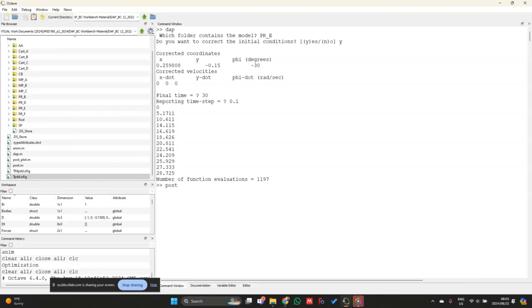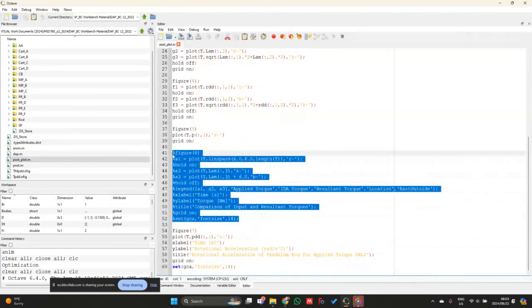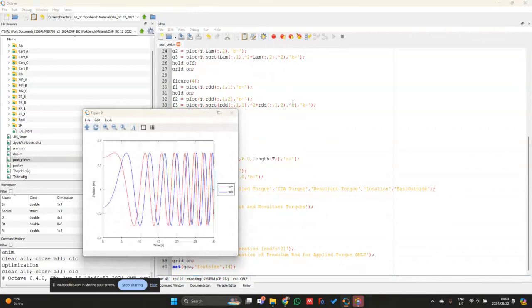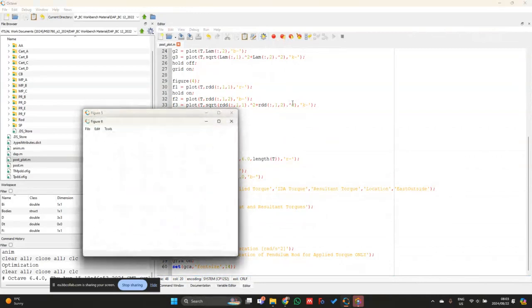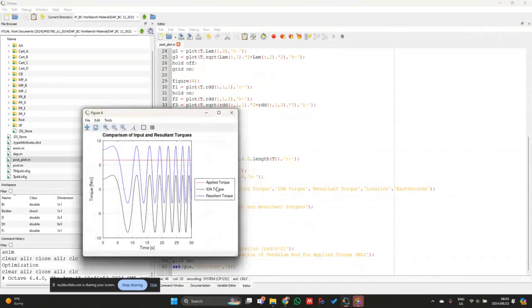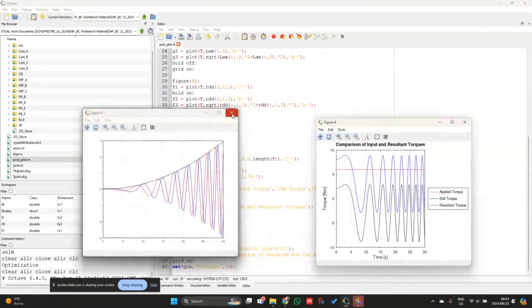If we then run the post processor and we then look at post plot, I just want to make sure that I'm plotting the, okay, yeah, so let me just activate figure 6 over here. And now if I run this one, okay, so I see I made a mistake over here somewhere, but I'll just fix that.